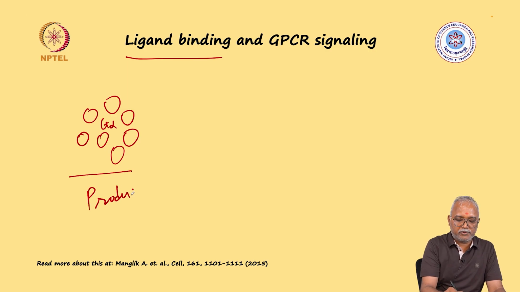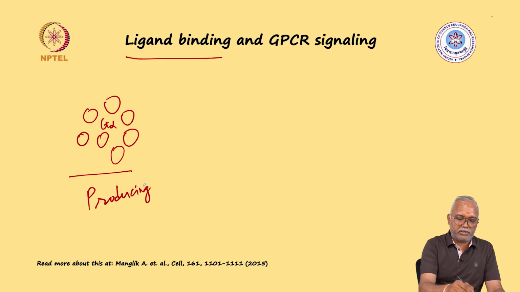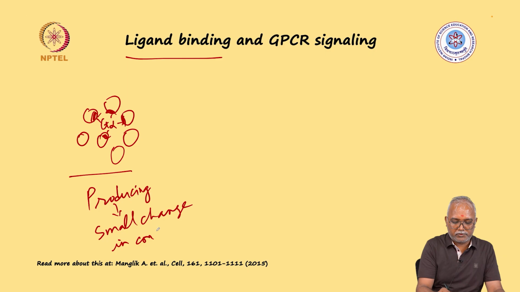A small rearrangement in these helices, which are part of the 7 transmembrane spanning regions. These G alpha binding regions of different helices are reoriented so that they can engage the G alpha, thus producing a small change in conformation.